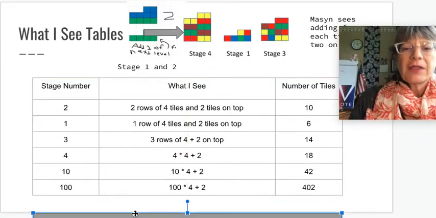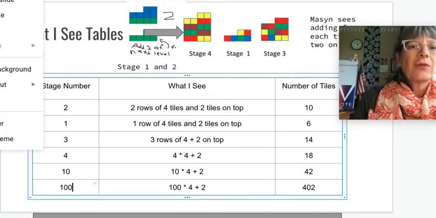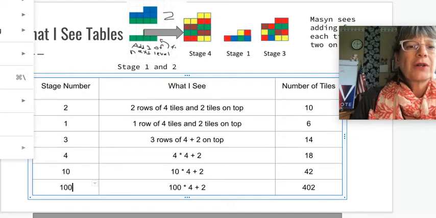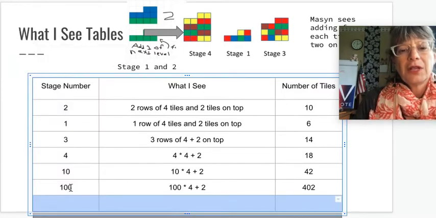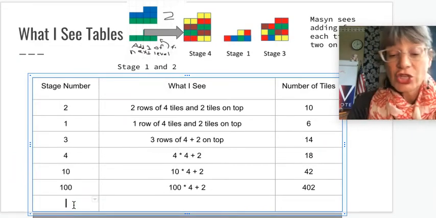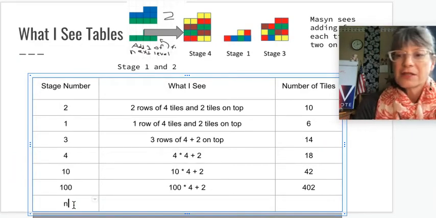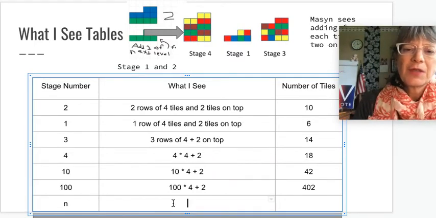So now I think we're ready to generalize. So I'm going to add a row to our table. And this row is going to be for stage n. That's a variable that represents any stage of this pattern.